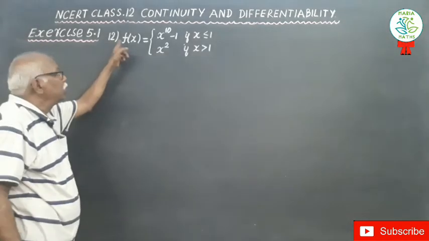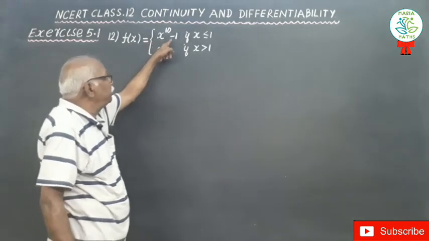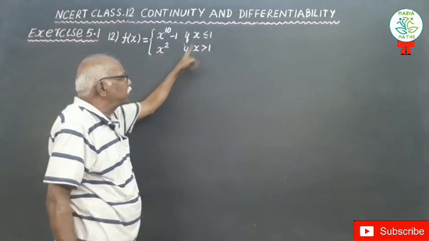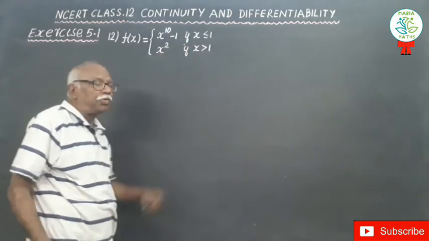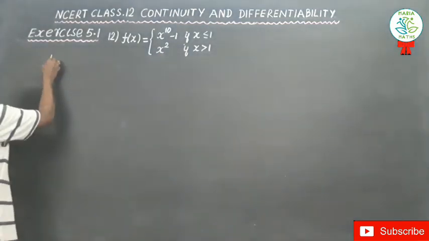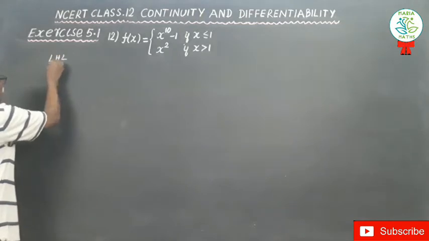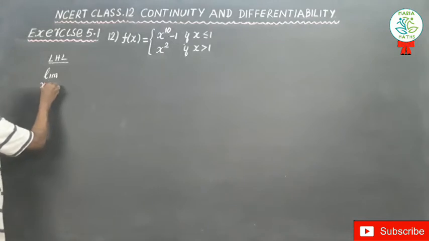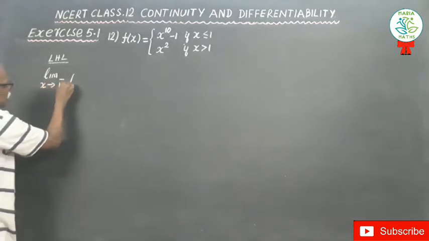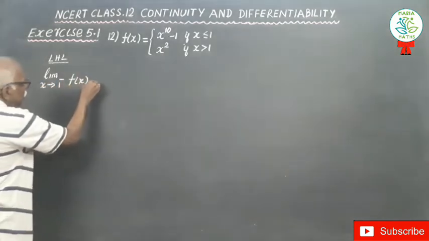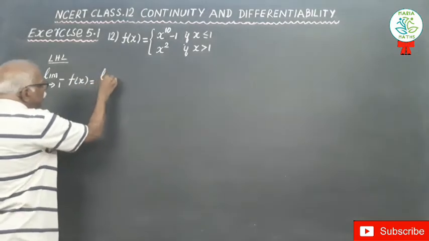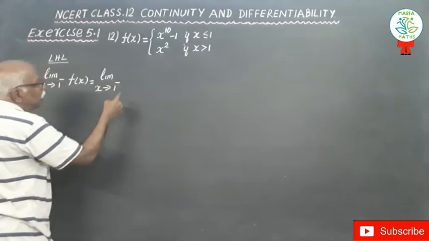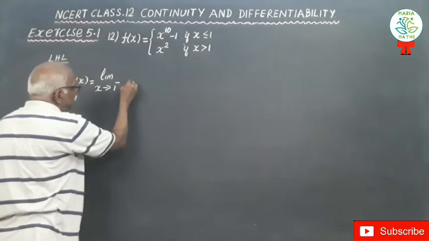Question 12. f of x is equal to x power 10 minus 1 if x less than or equal to 1, x square if x greater than 1. At x is equal to 1. LHL. Limit x tends to 1 minus f of x is equal to limit x tends to 1 minus, that is x power 10 minus 1.